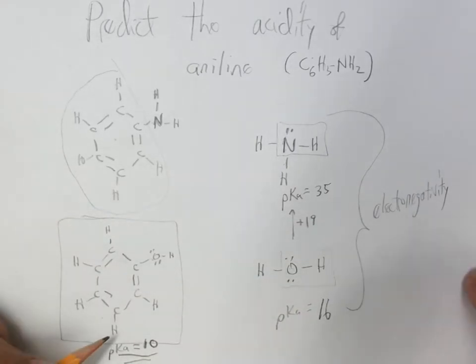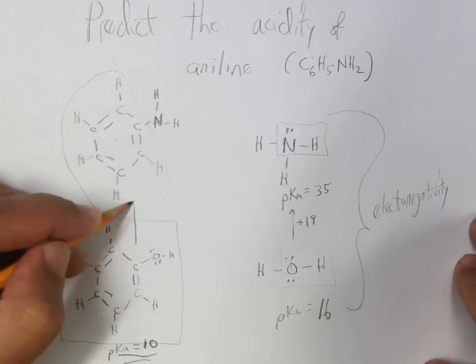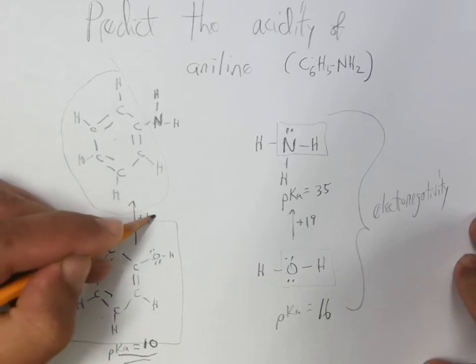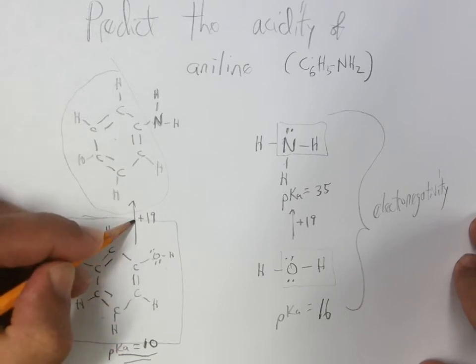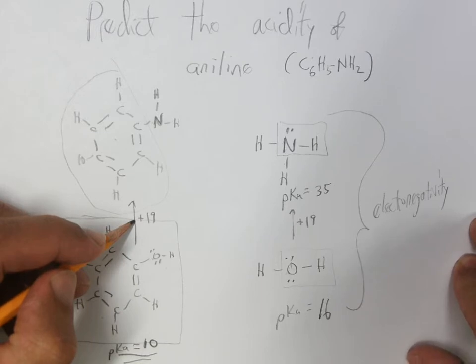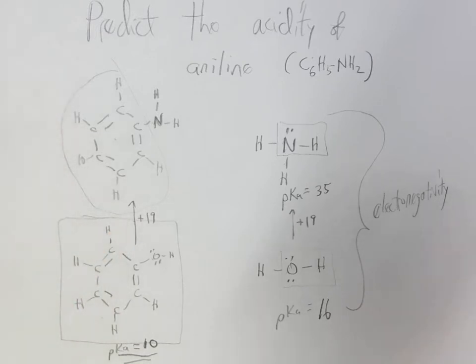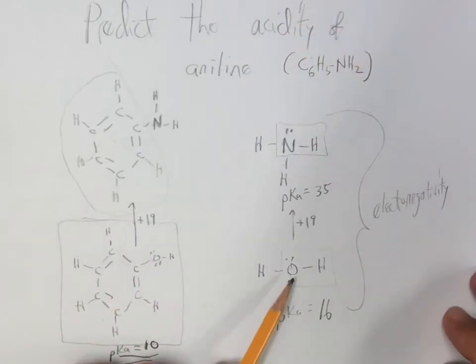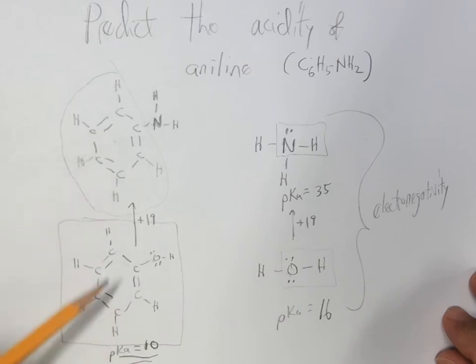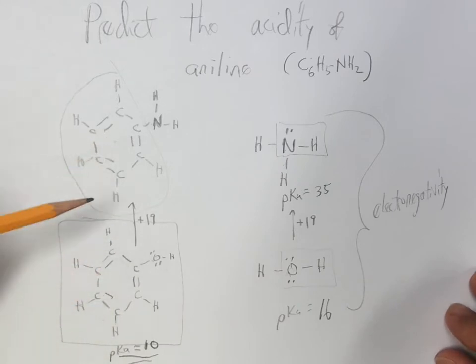So then, likewise, if you were to add 19 pKa units to 10, you would get a predicted pKa of about 29. So that's where, again, looking at a factor that affects the acidity and changing just that factor in our molecule should have a similar effect.